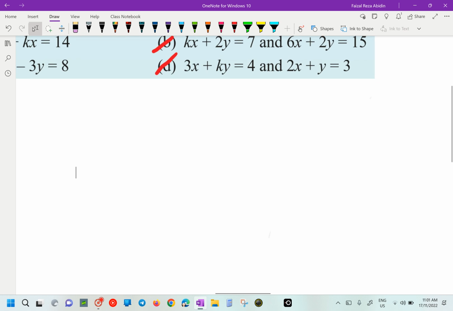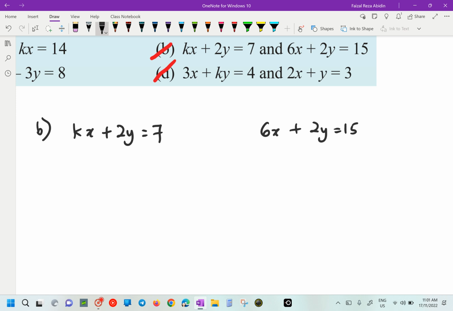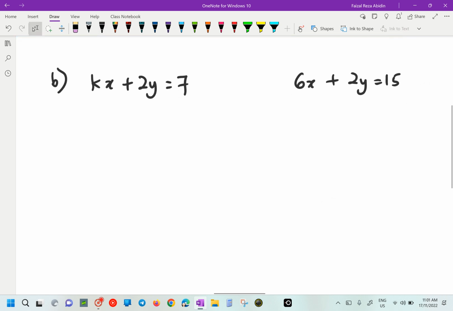So if you look over here for our b, I'm going to write down first the question here. Kx plus 2y equals to 7, and we have 6x plus 2y equals to 15. Okay, we have two equations over here. So what must I do first?